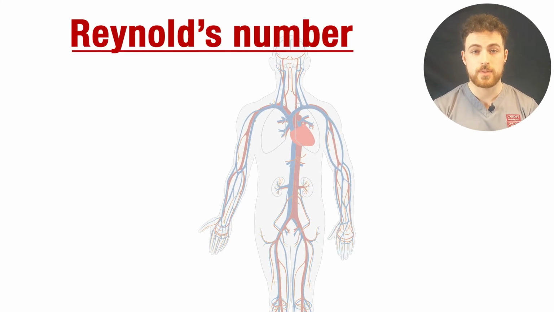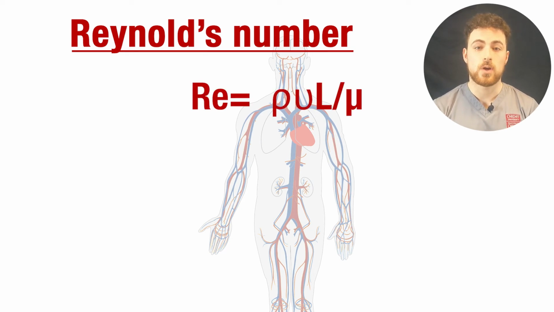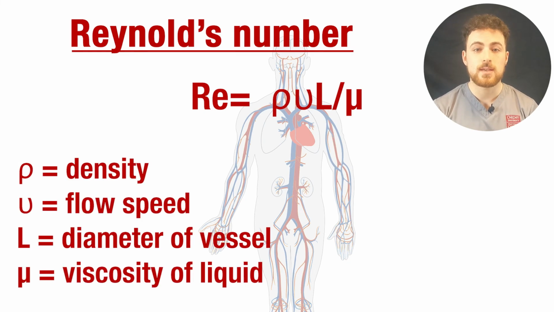Next, the Reynolds number. Re is equal to rho multiplied by epsilon multiplied by L over mu, where rho is the density of the fluid, epsilon is its flow velocity, and L is the diameter, not the length, of the tube, and mu is the dynamic viscosity of the fluid. Technically not exactly the same as eta from the Poiseuille equation.